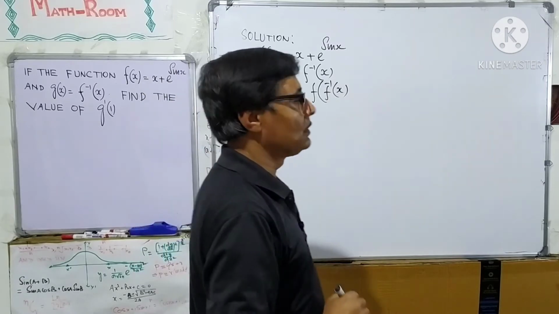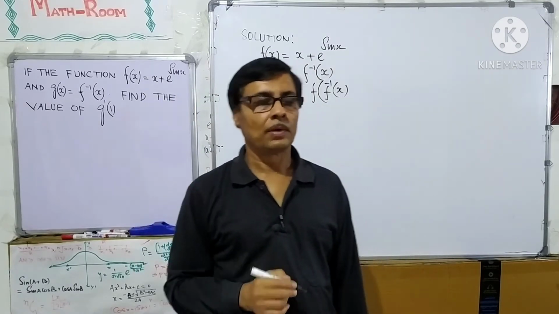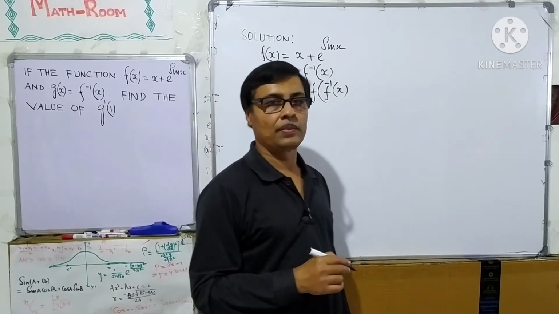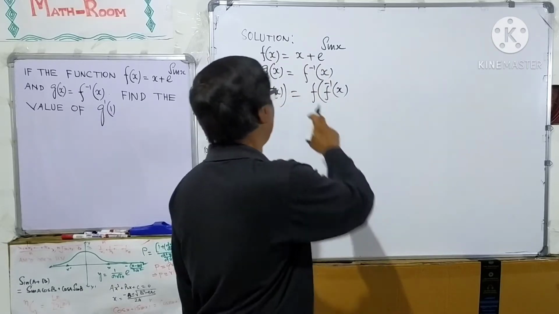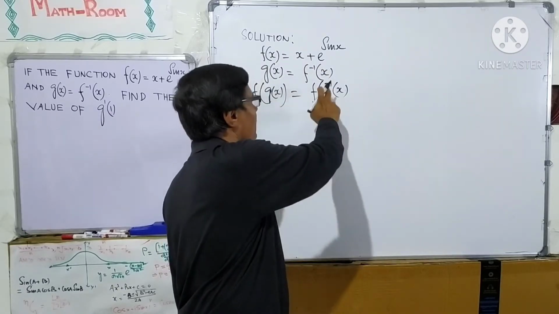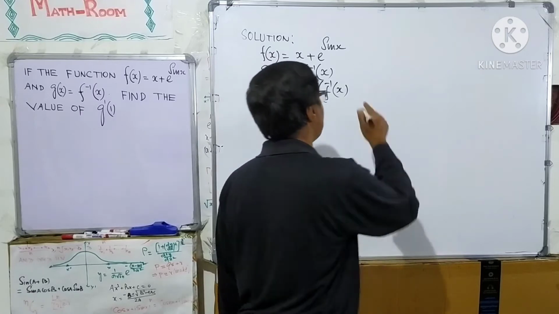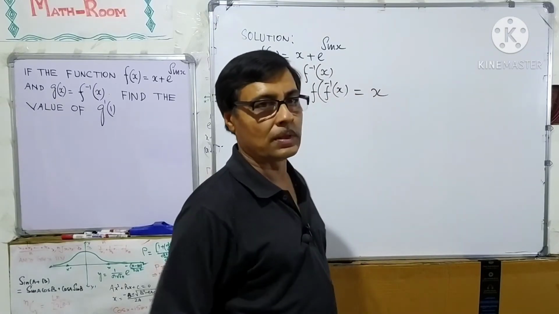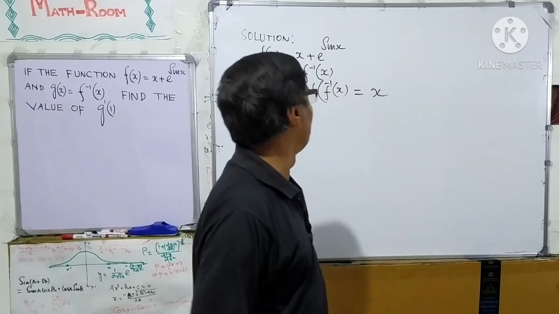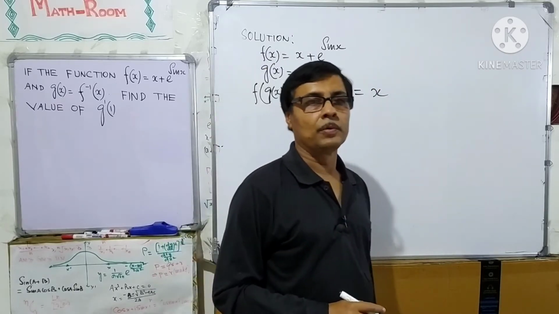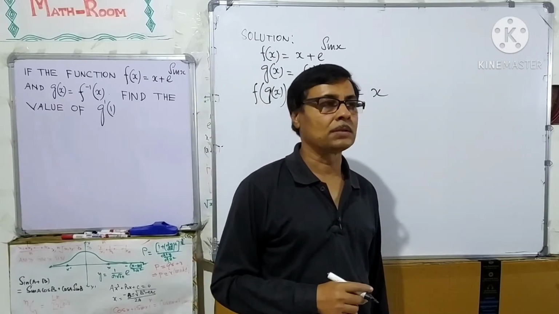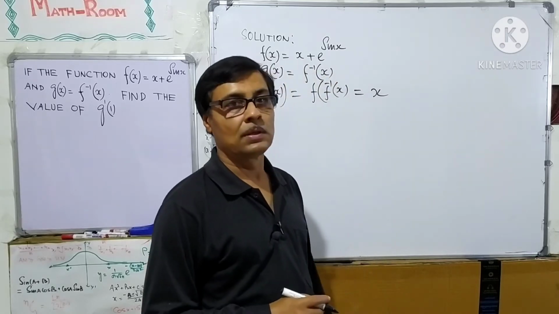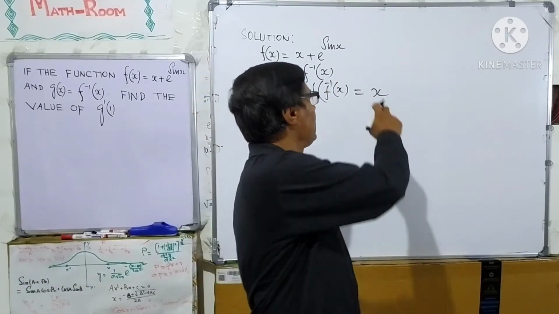f of f inverse x. The right hand side, f of f inverse x, is equal to x, because any function of its inverse function is equal to x.